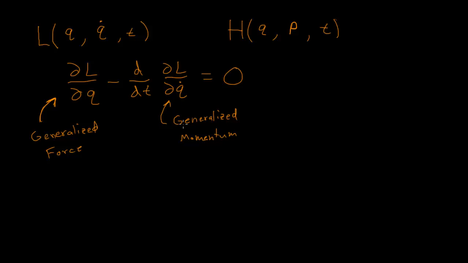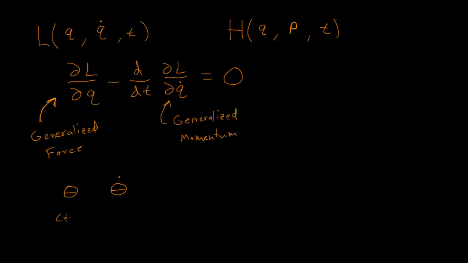All right. So we said that mass times velocity is momentum, and that's only true in rectangular coordinates. If we go to, say, rotational coordinates, an example you might be used to thinking about is that if our generalized coordinate is theta, then our generalized velocity will be theta dot.